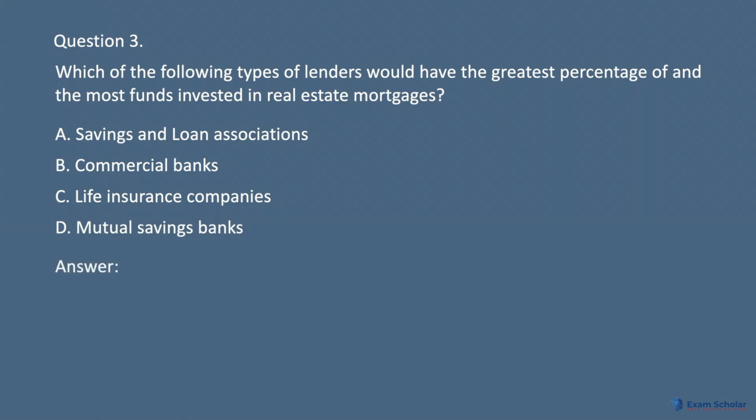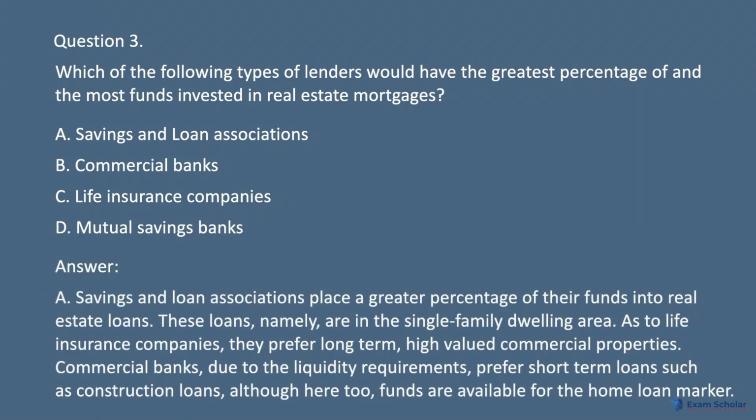Answer: A. Savings and loan associations place a greater percentage of their funds into real estate loans. These loans, namely, are in the single-family dwelling area. As to life insurance companies, they prefer long-term, high-valued commercial properties. Commercial banks, due to the liquidity requirements, prefer short-term loans such as construction loans, although here too, funds are available for the home loan market.